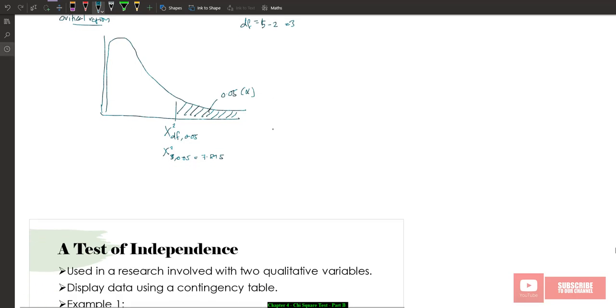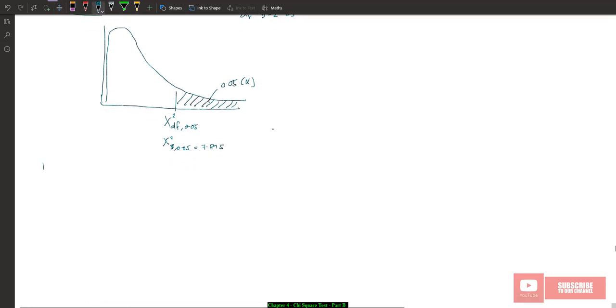So our decision rule: if chi-squared calculated is more than chi-squared with 3 degrees of freedom, alpha 0.05, the null hypothesis is rejected, right?